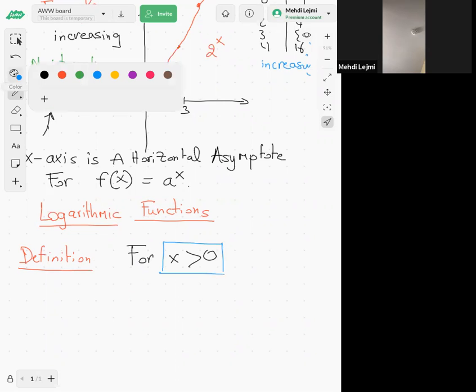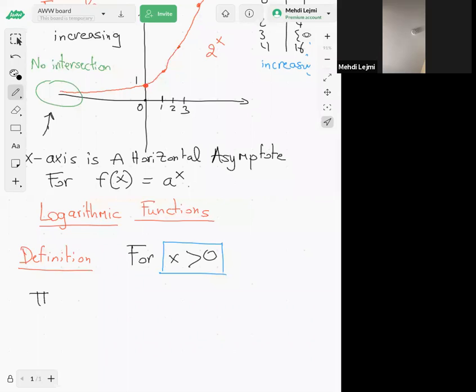So the inverse of the exponential function a to the x is the logarithmic function g of x equal to log.